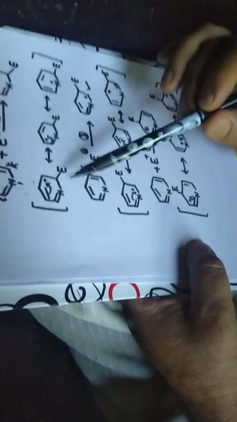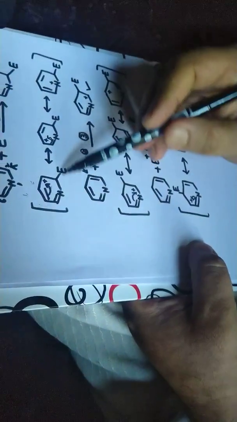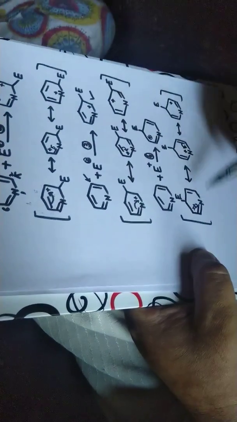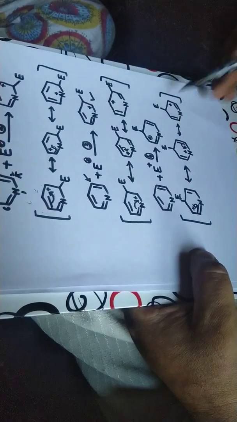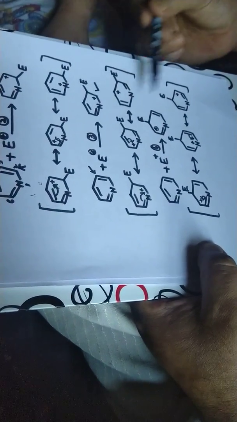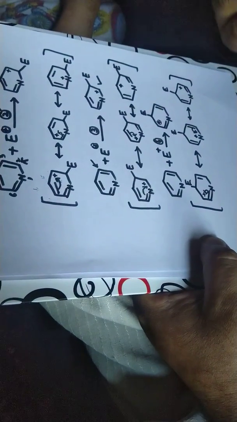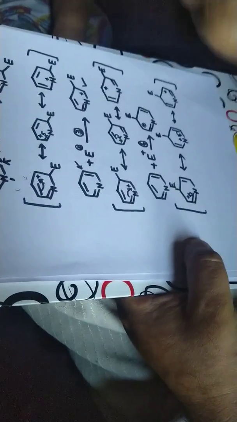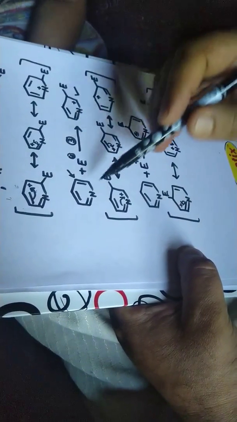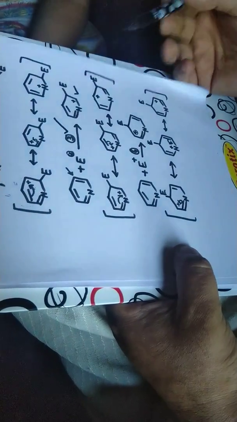So you have looked at position 2, with 3 resonant structures. Position 3, again 3 resonant structures. Position 4, again 3 resonant structures. Out of these, the most stable resonating structures are found in the case of position 3. You see how?